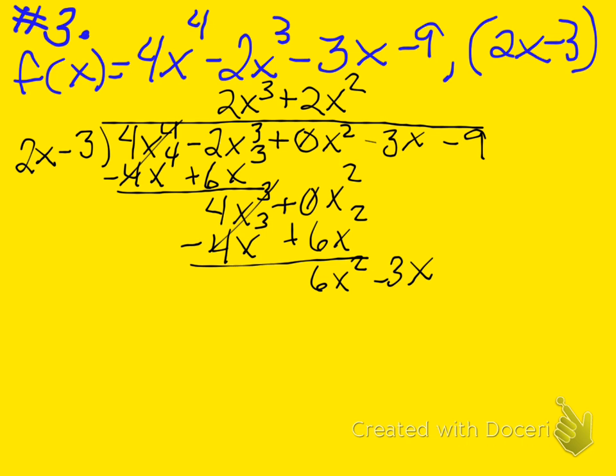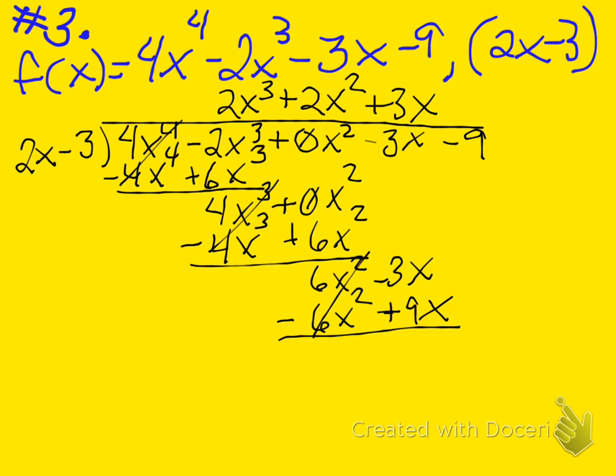What do I need to multiply 2x by in order to get 6x squared? I'm going to have to multiply by 3x. Distribute. 3x times 2x is going to be 6x squared. 3x times negative 3 is going to be minus 9x. However, because we're subtracting, we need to flip the signs. 6x squared minus 6x squared is just 0.